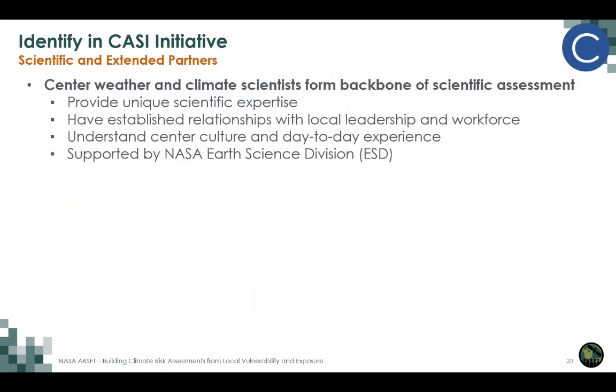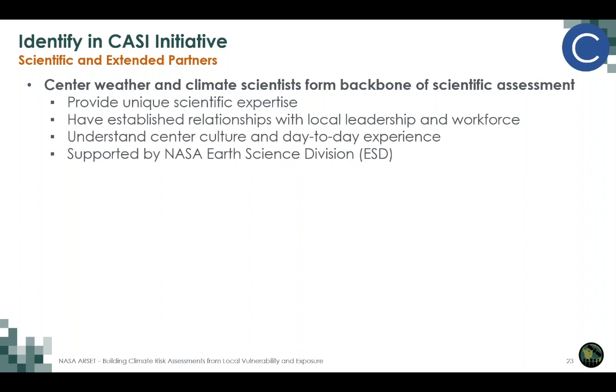We mentioned that CASI is a collaboration between scientists and managers. These scientists form the backbone of scientific assessment, ensuring that we have the most reliable and up-to-date information. Their unique scientific expertise allows us to make more accurate predictions and decisions, which is invaluable for both planning and crisis management.